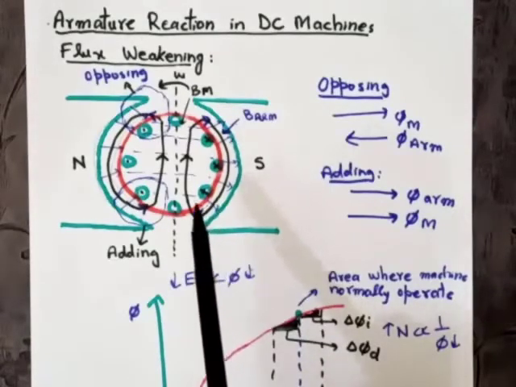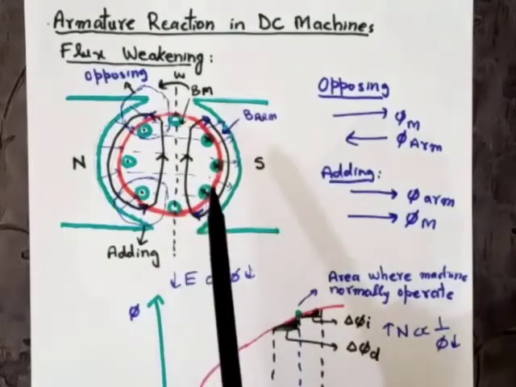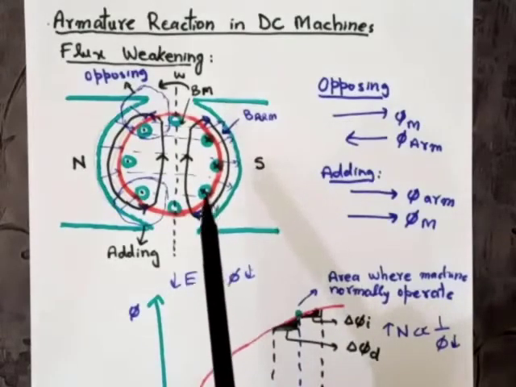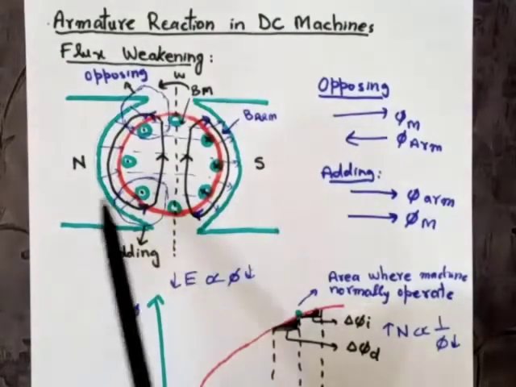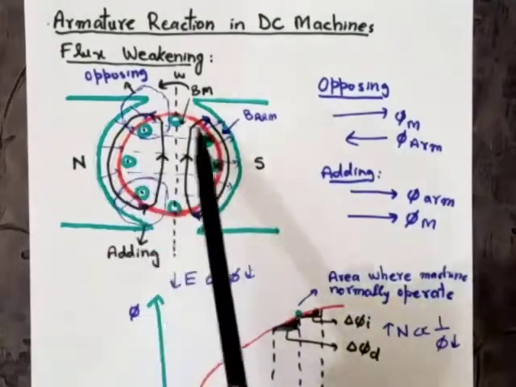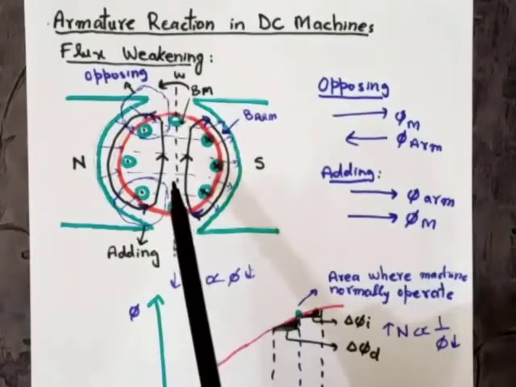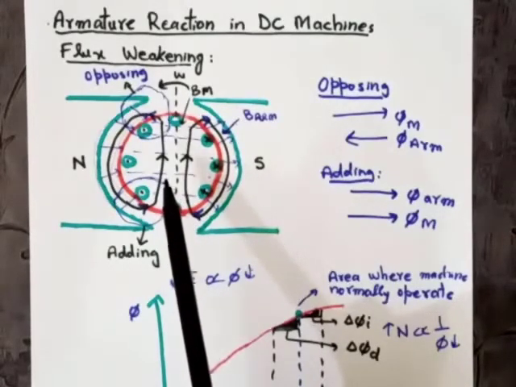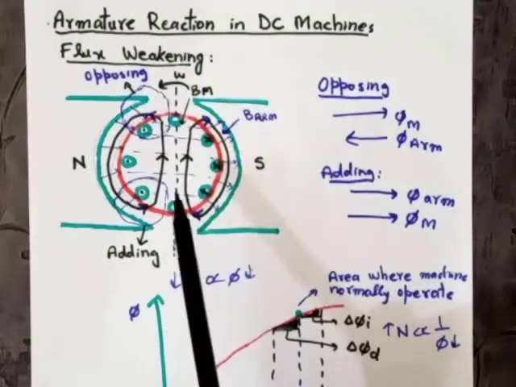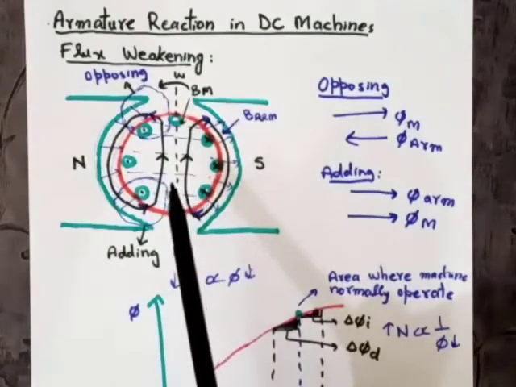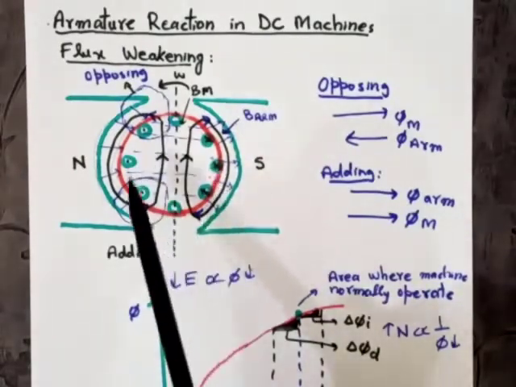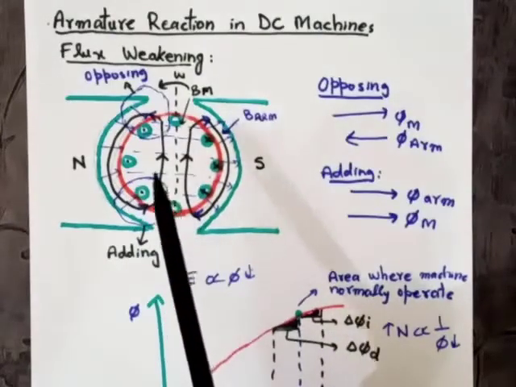This is basically a simple DC machine shown here, and we are going to load this machine. This is the static part of the machine and this is the rotating part of the machine. Now we are going to load this machine, that is, we connect the load with the rotating part of the machine. Let me take this machine as a generator, and we'll see what will happen.